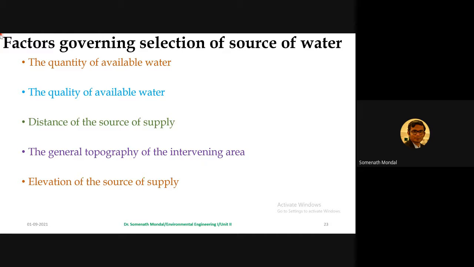And when the water is available at lower levels, then pumping has to be resorted to, and that involves a huge amount of operational cost, and there is a possibility of breakdowns also. But if you construct something which works naturally by the help of gravity, then you can ensure uninterrupted water service throughout the year.